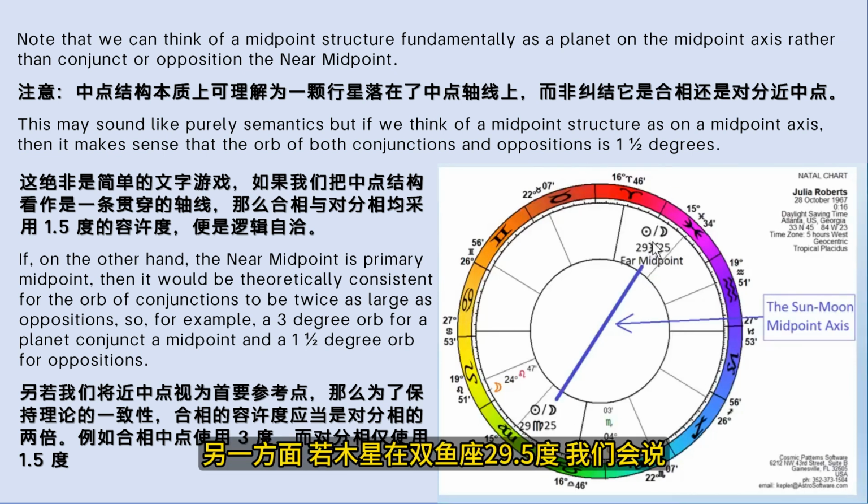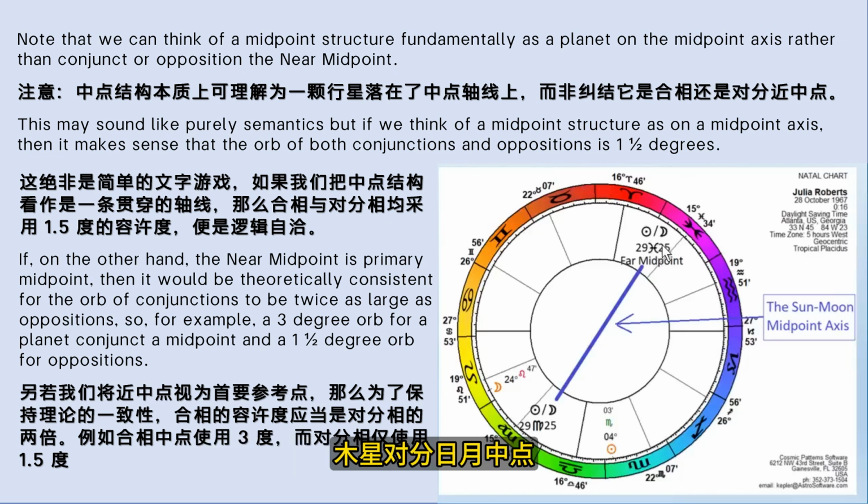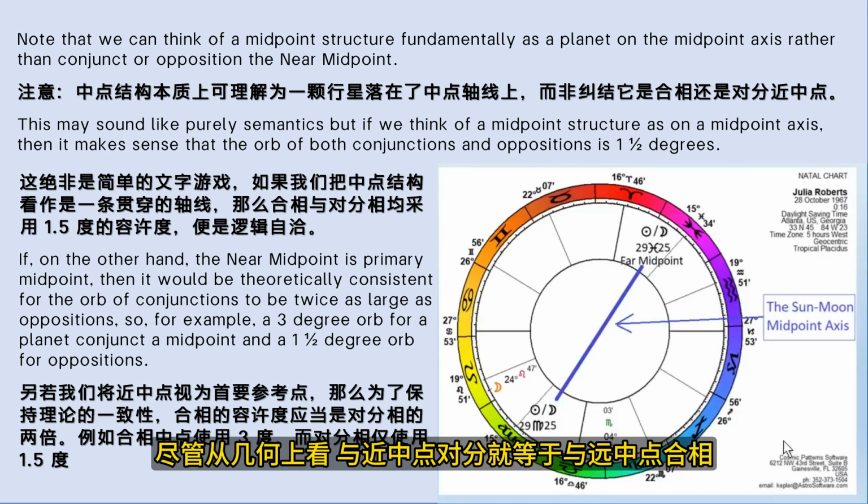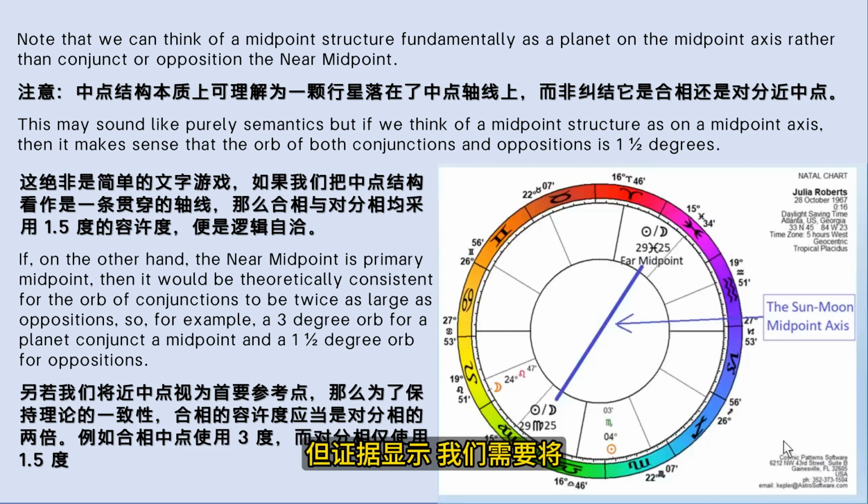If Jupiter, on the other hand, is at 29.5 Pisces, we would say Jupiter's opposition the Sun-Moon midpoint. Well, its opposition the near midpoint means it's conjunct the far midpoint, and the evidence appears to be that we really need to think of both midpoints as equally important.